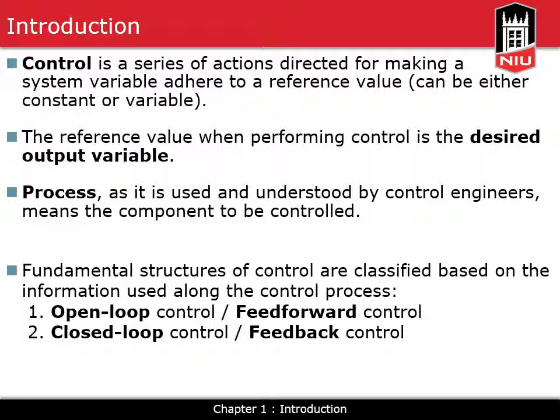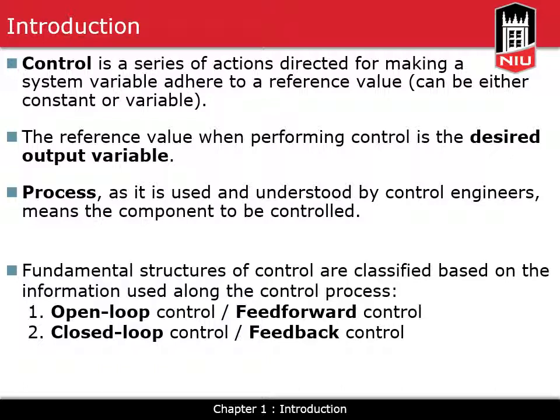For example, in our temperature control, if we just decide to run the AC for a specific amount of time and we don't have any control on that during or after that amount of time, that will be called an open loop control. The temperature might reach the desired value that we have, or it might not.